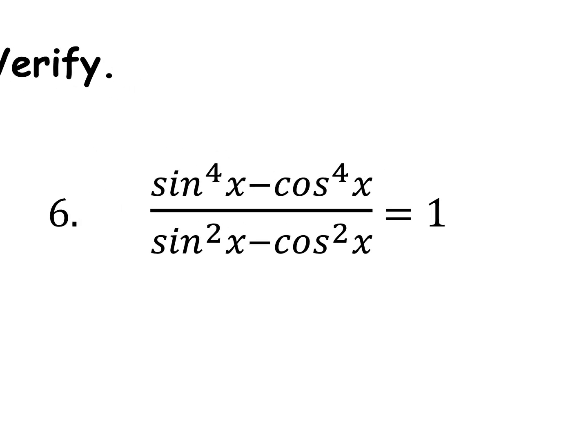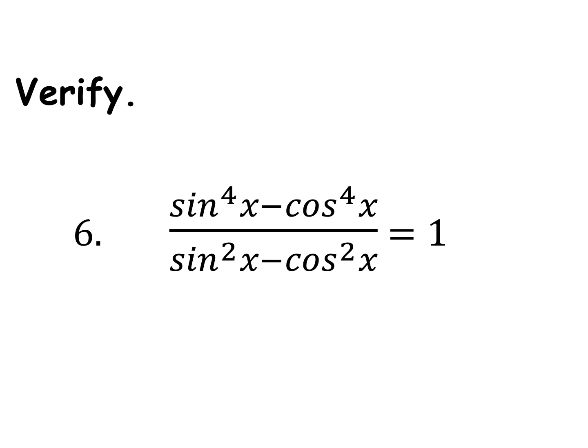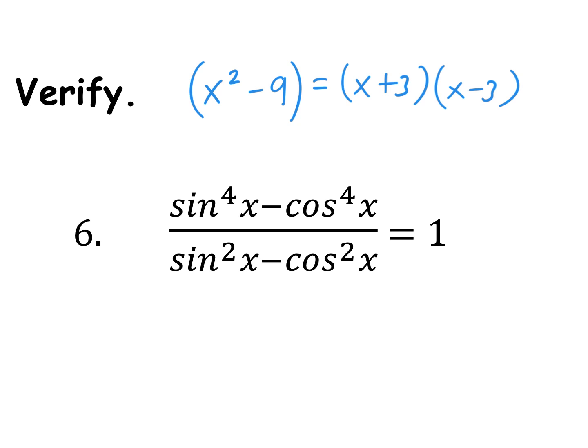One thing I want you to remember is back in algebra, if I had something like x squared minus 9, how would I factor that? X plus 3, x minus 3. Right? So anytime you see a difference of two perfect squares, we can rewrite it in terms of our two factors. Do you guys see that?